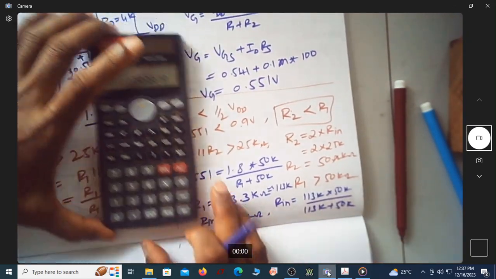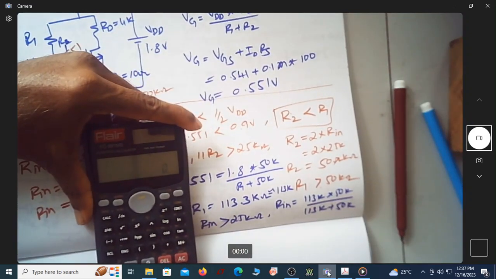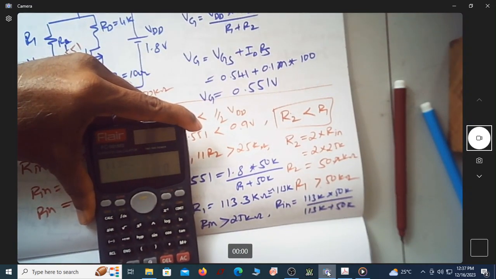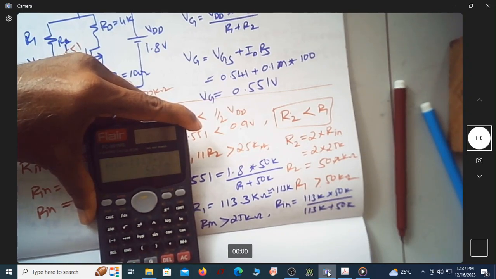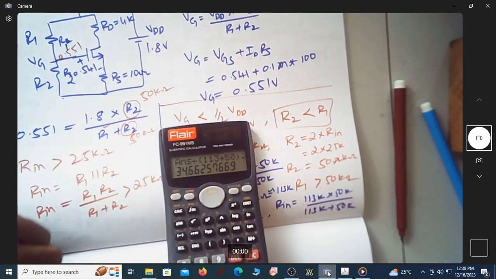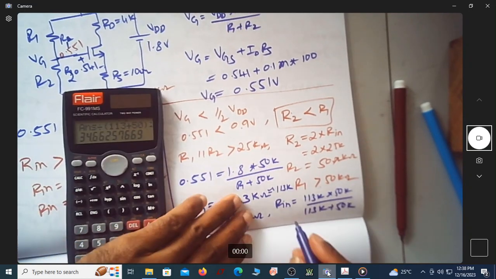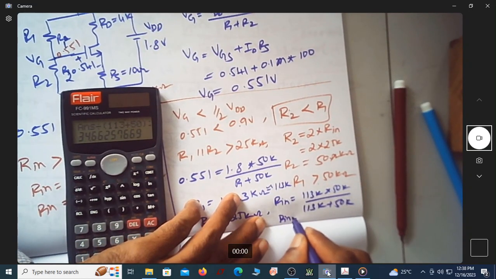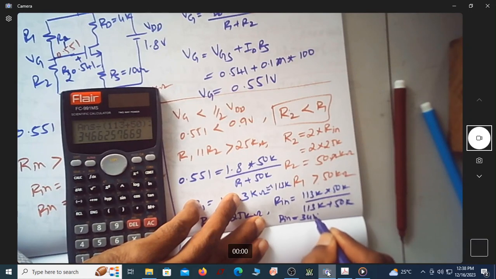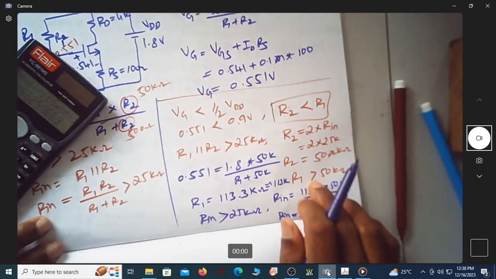So let us find out how much is that. Is it not 113 into 50 divided by 113 plus 50? Are you not getting a resistance of 34 kilo ohm? So R in is 34.6 kilo ohm, which is certainly more than 25k.